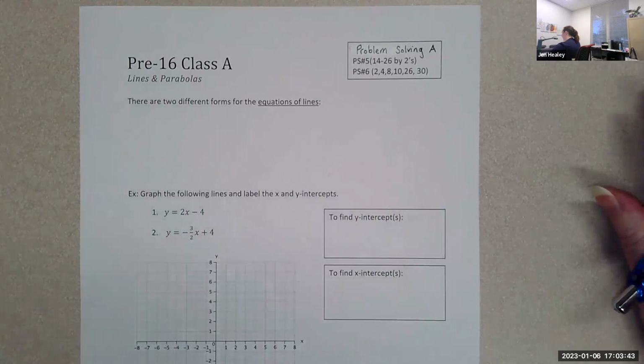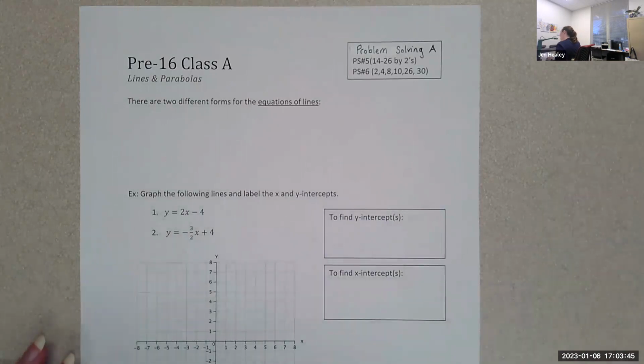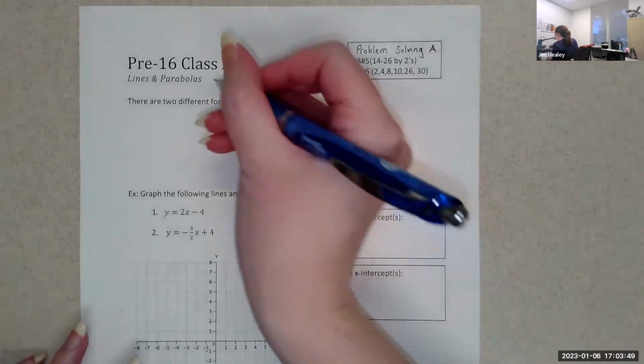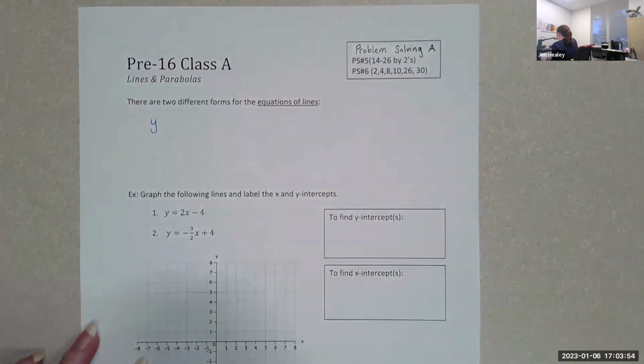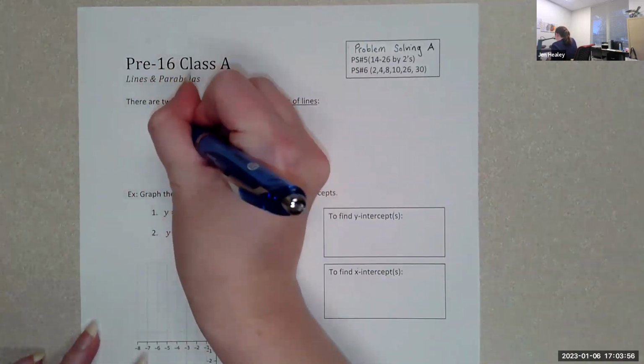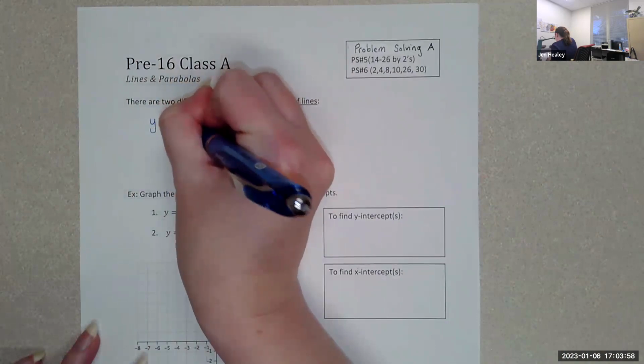I know the one that at least the Math D group that I was working with last quarter decided we liked the best was the slope-intercept form for the equation of the line. That's the y equals mx plus b form.